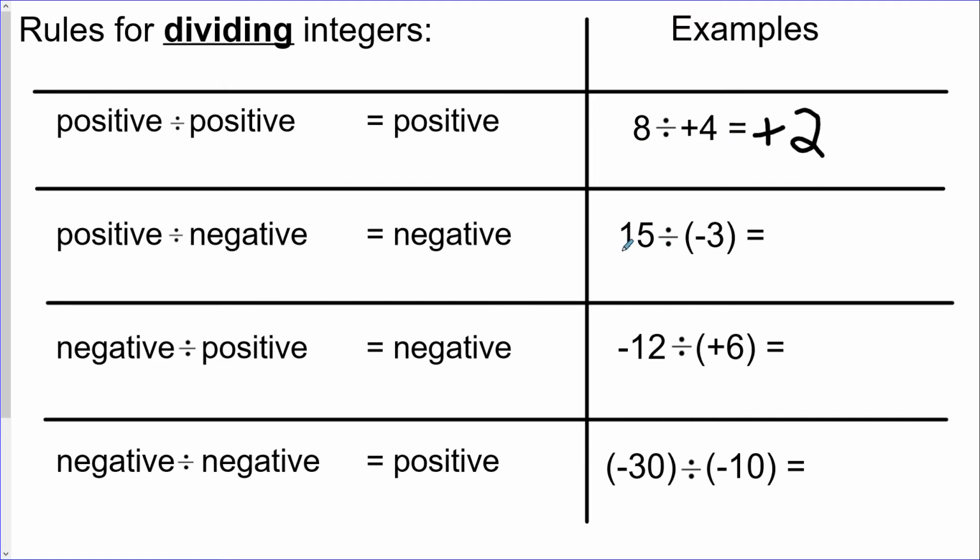Second example, we have a positive 15 and a negative 3, so our answer will be negative. Then you do 15 divided by 3 to get 5. Negative divided by positive means our answer is negative, and 12 divided by 6 is 2. Negative divided by negative means our answer is a positive, and then 30 divided by 10 is 3. Treating it separately like that sometimes takes some of the trickiness out of these questions.